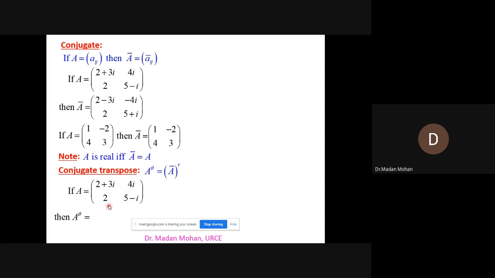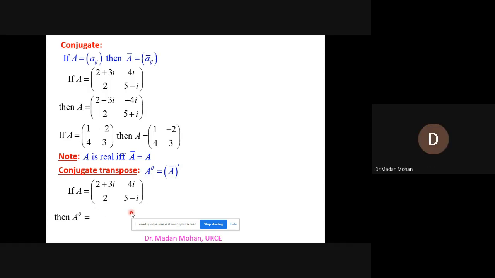Now tell me, what is A power theta? Take its conjugate, then transpose. What do you get? Minus 3i. First entry, 2. 2 minus 3i.